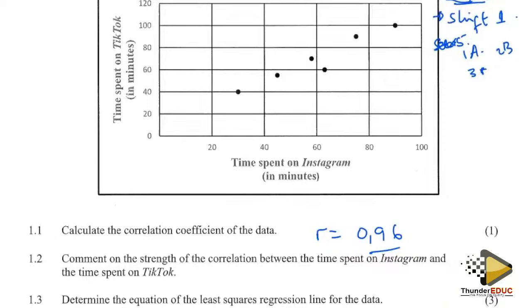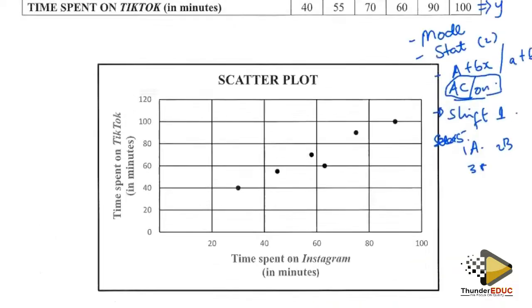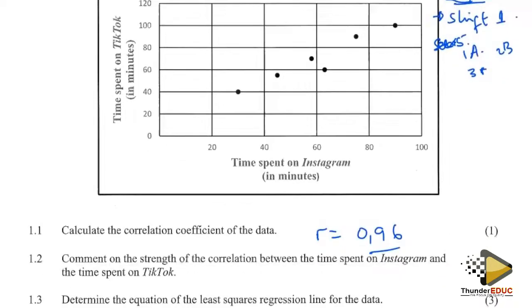We need to see if it is positive or negative. Looking at the direction the dots are taking, this is an increasing pattern, so it's a positive relationship. The size of the coefficient is very big, so we have a very strong positive correlation.